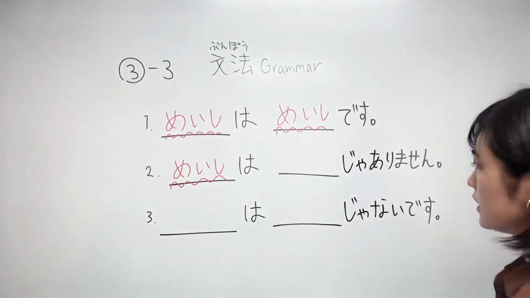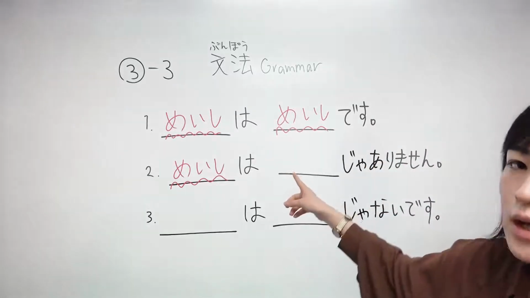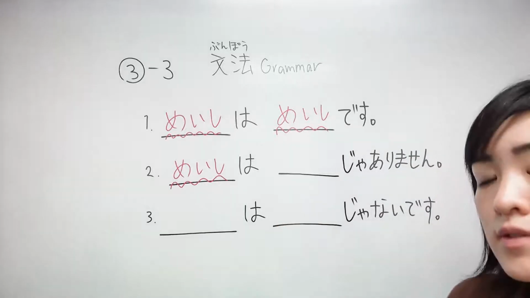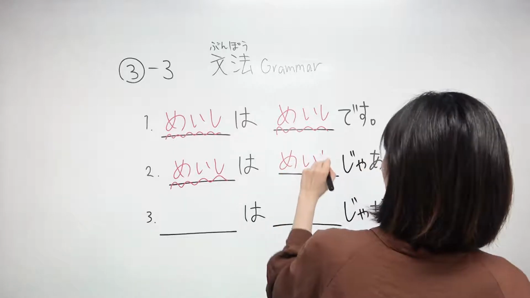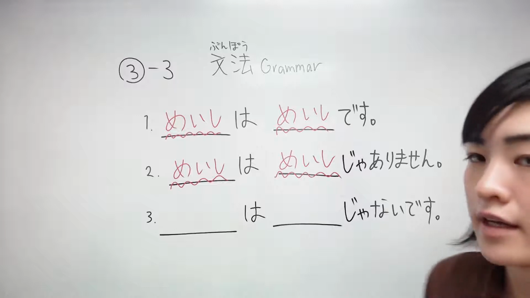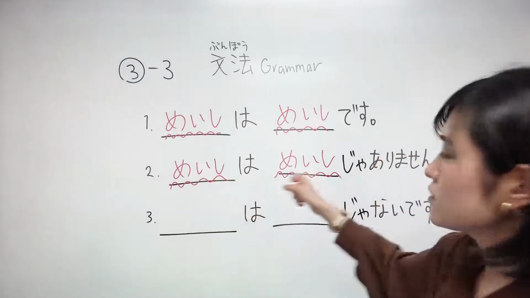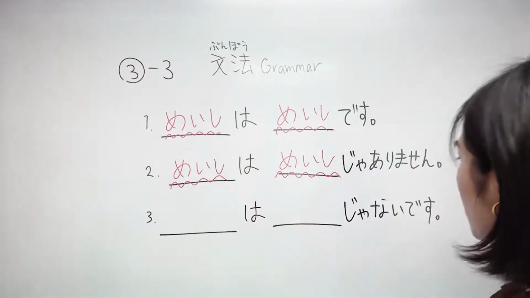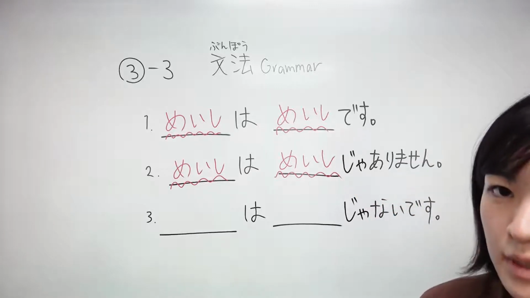And 日本人, this is also a noun. So, 名詞. So when you want to say I am not something, then you can use two nouns. One noun before は and a noun before じゃありません.